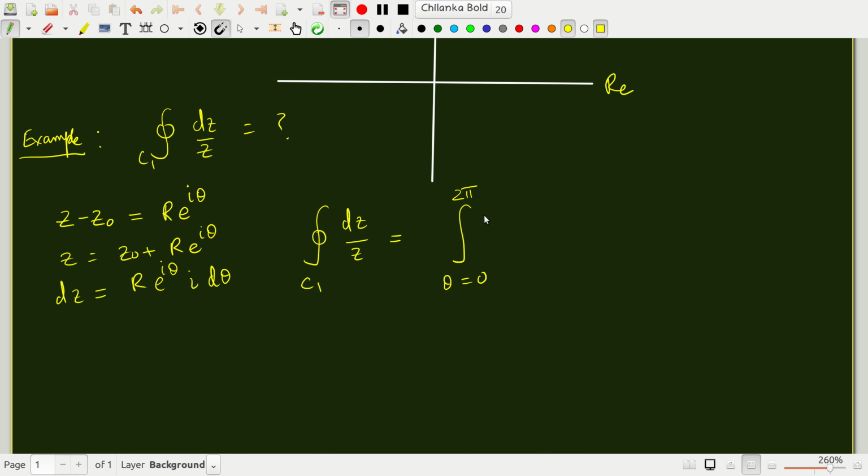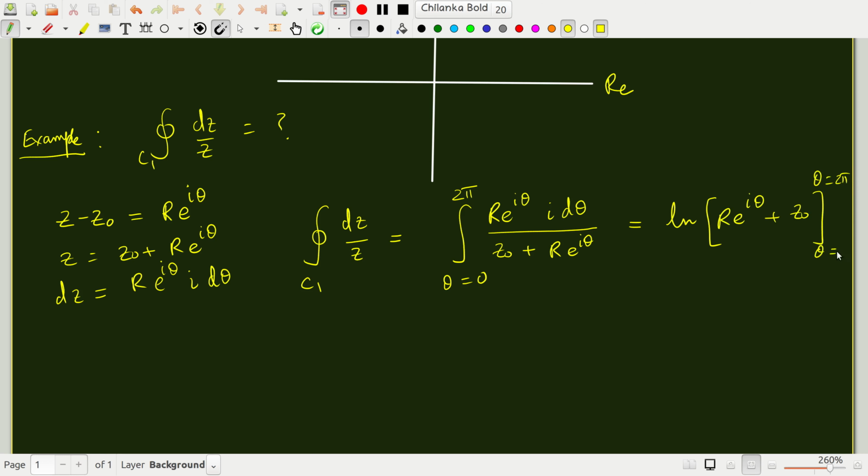So I'll just write dz, which is R e to the i theta times i d theta, upon z, which is z naught plus R e to the i theta. I can integrate this easily. There is a simple analytical expression for this integral: ln of R e to the i theta plus z naught, evaluated from theta equal to 0 to theta equal to 2 pi.